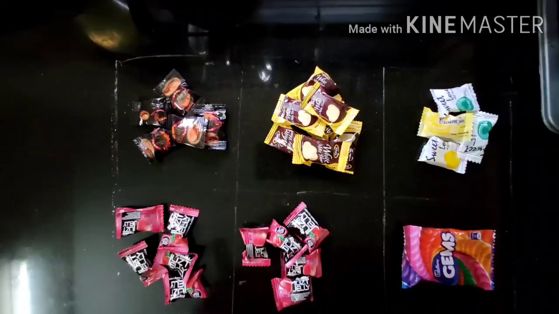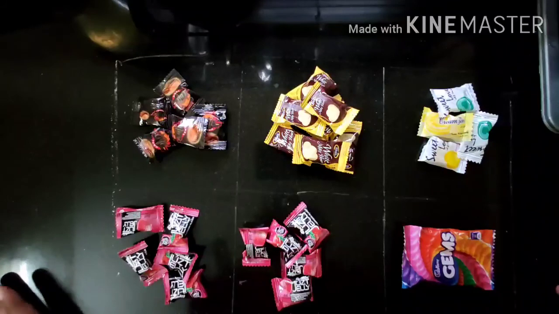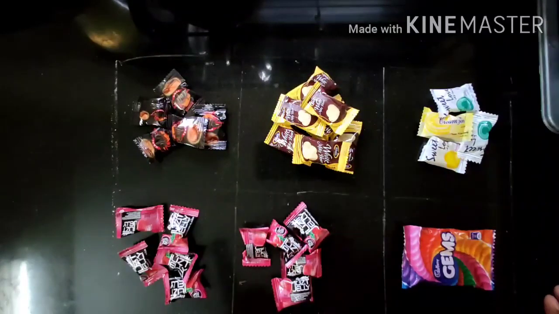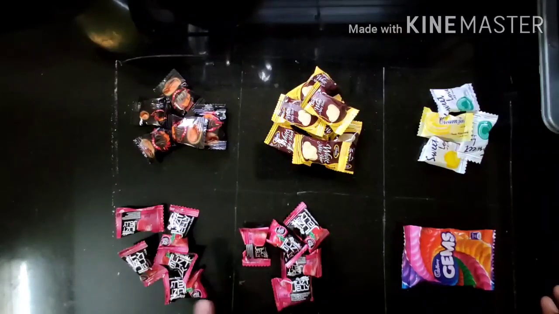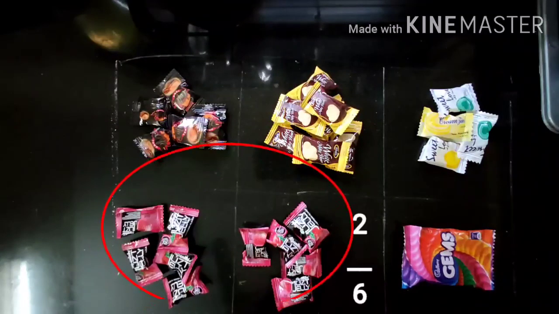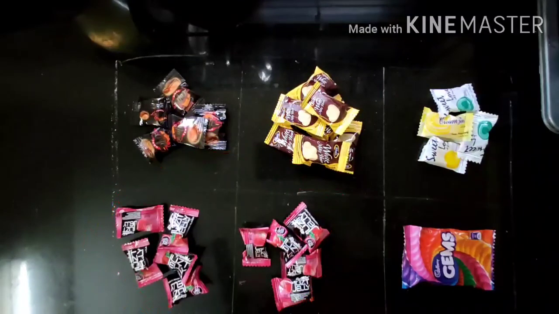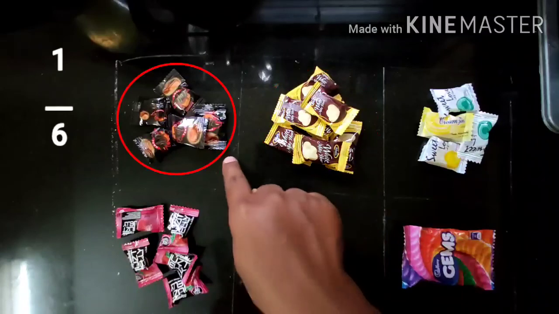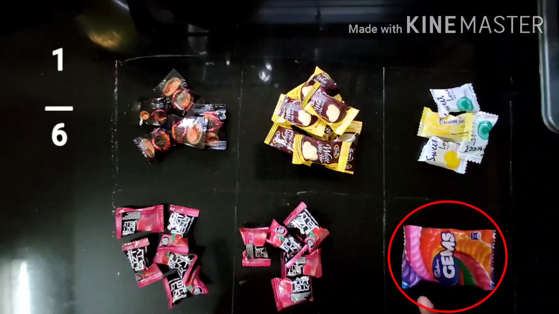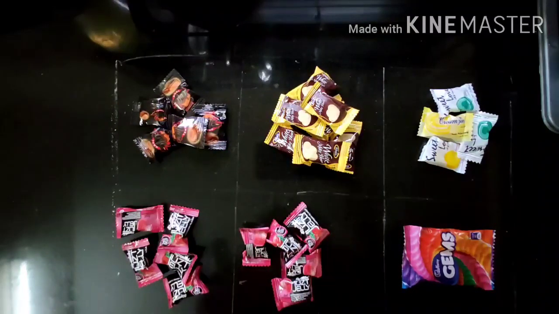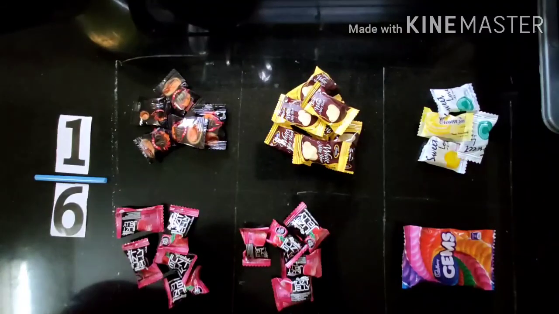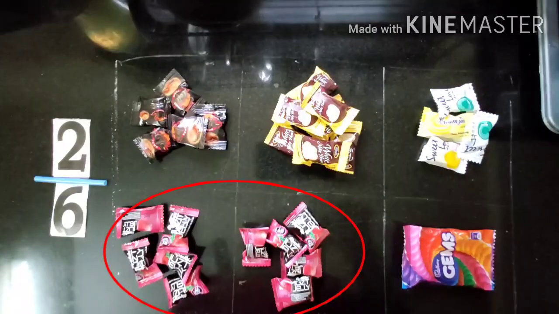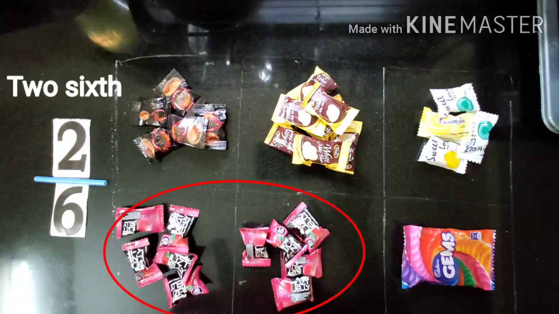Since all the chocolates are kept in the box which are equally divided, the part of the chocolate becomes 2 by 6, and each part of the chocolate is 1 by 6, or 1/6. Since these are kept in 2 boxes, their fraction becomes 2/6.